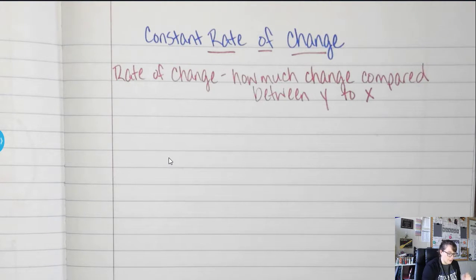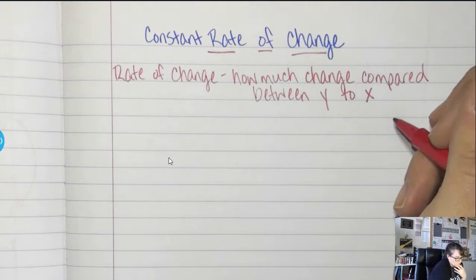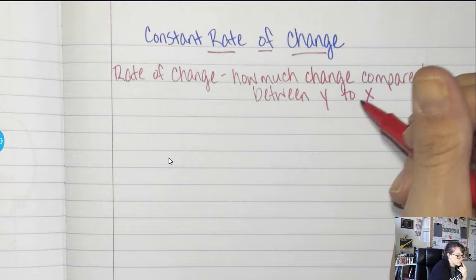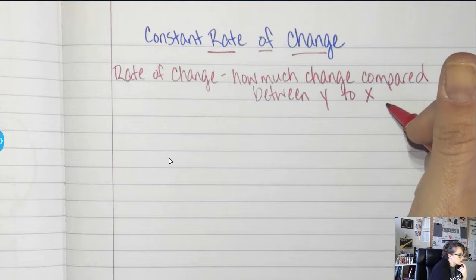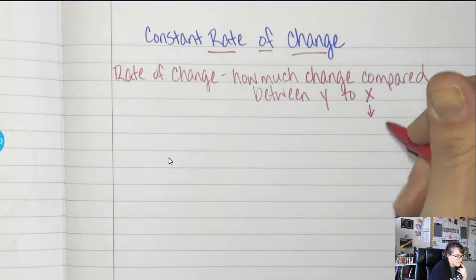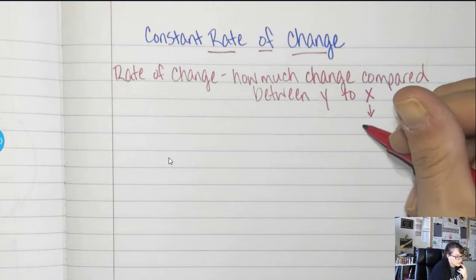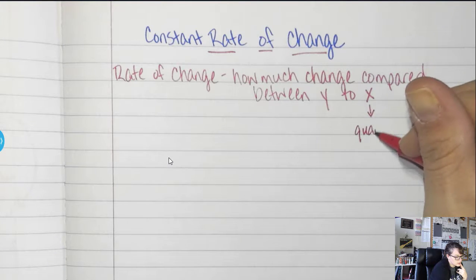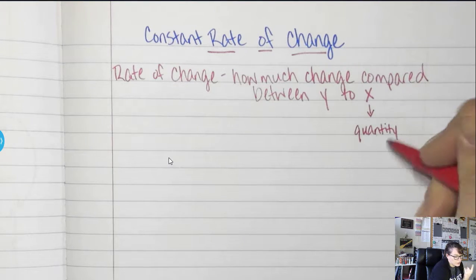Now, when you talk about x and y, think about science. Which one of these do you control, the x or the y? You control the x. So this is like the amount you bought, the quantity purchased.